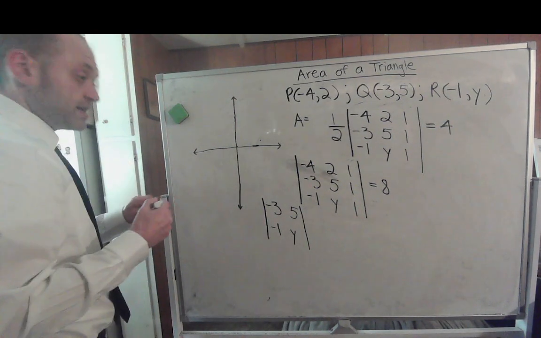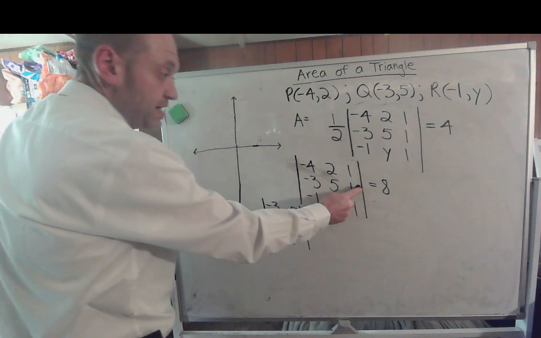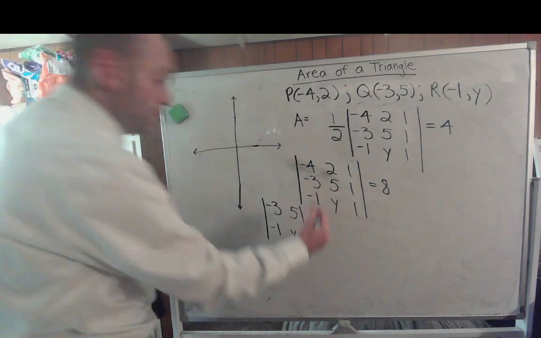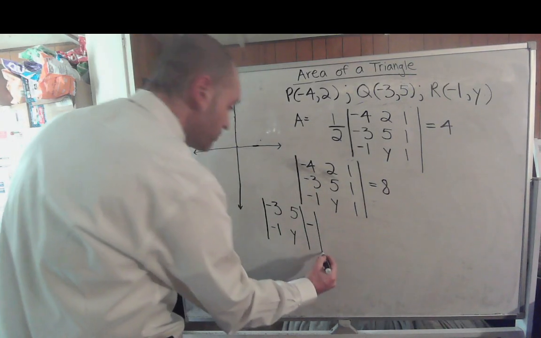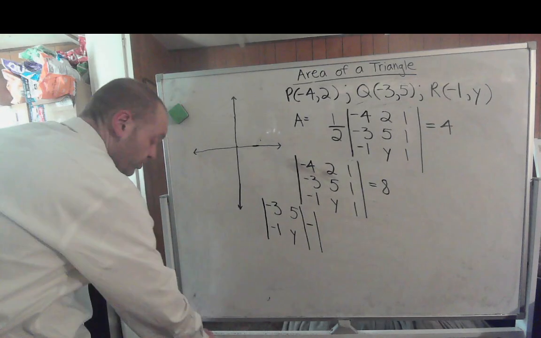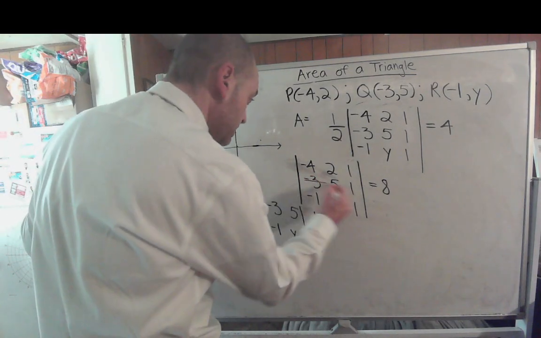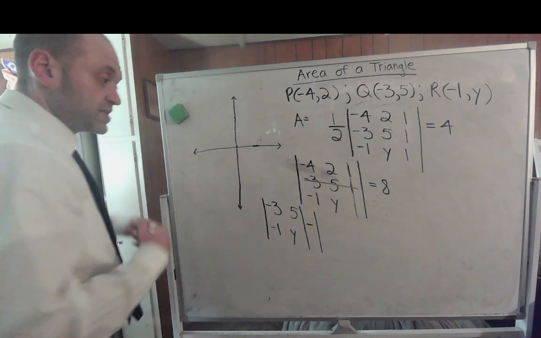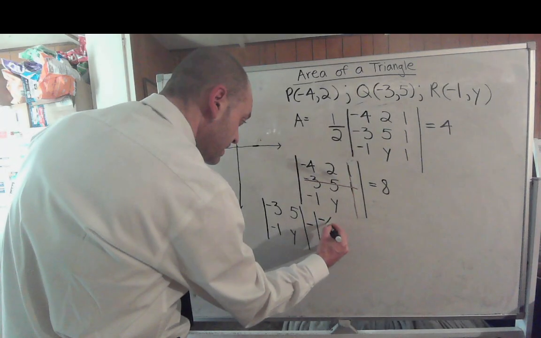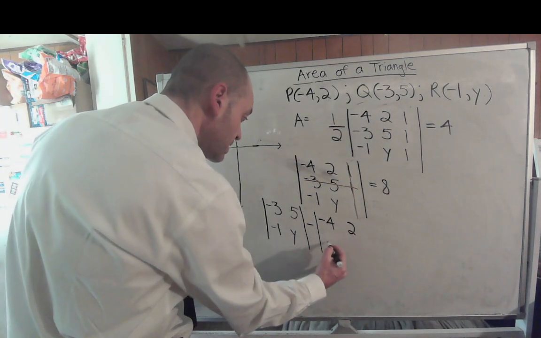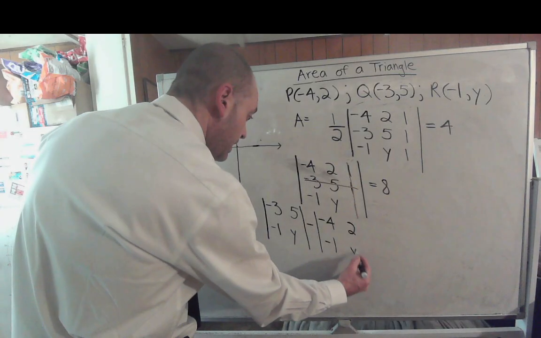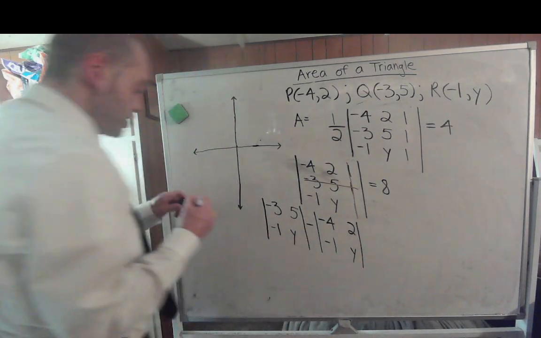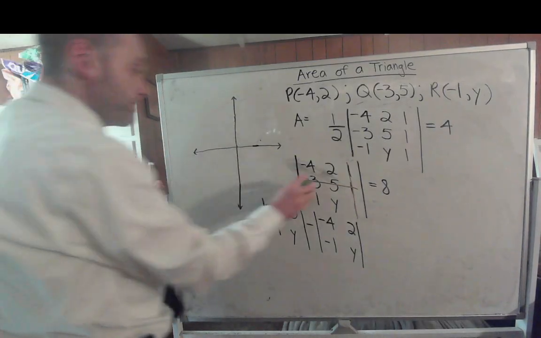Now your second determinant, we're going down the second entry in the third column, so that'll be minus the resulting determinant of what's left when you strike out the row and column in which that one lies. You'll end up with the resulting determinant of -4, 2, -1, and y. Then we should get one more determinant.